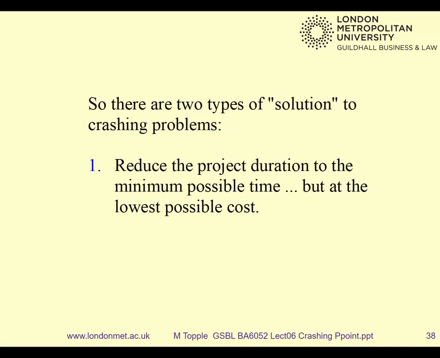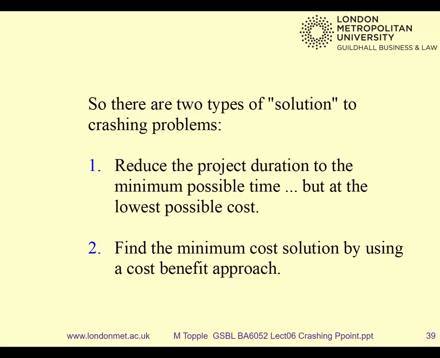2 types of solution, just to summarize what we said. The first one is to take it down to the shortest possible duration at the lowest possible cost. And that was the 7 days. The second possible solution is to find the minimum total cost solution, and that was to take it down to 10 days.